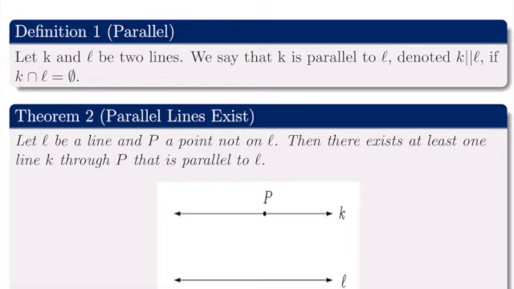And here in 9.3 it says that there exists at least one line through P that is parallel to L. Again, this is also going to be useful later on in the proof of the parallel projection theorem.